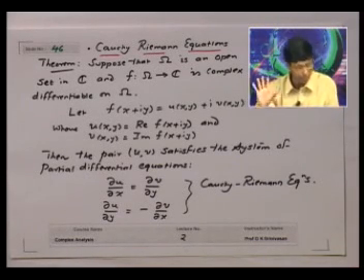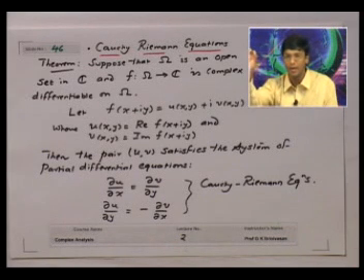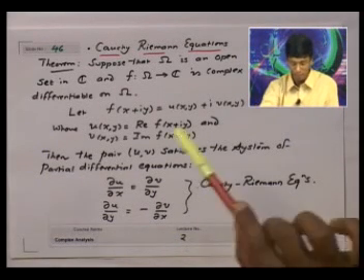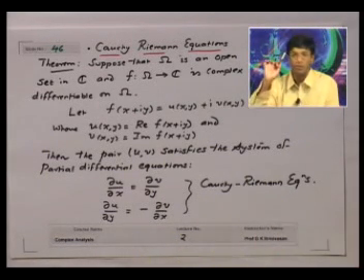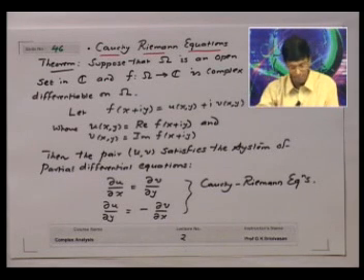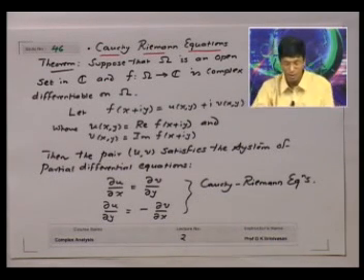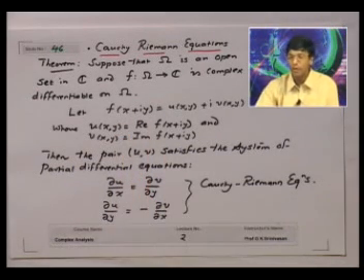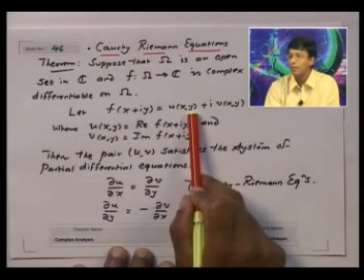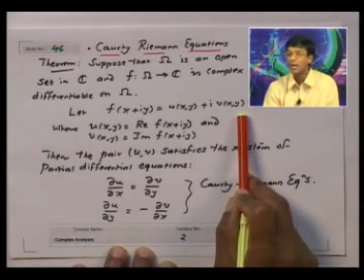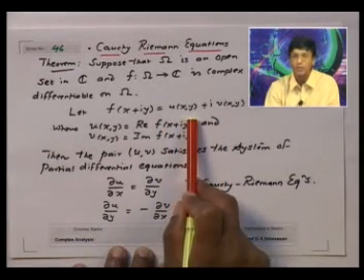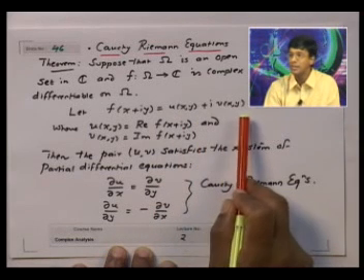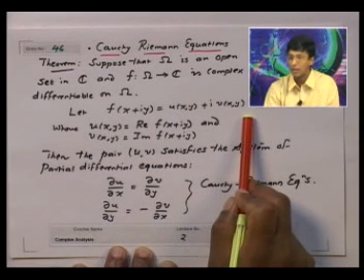In fact, it is enough that it is complex differentiable at a point A in omega, because whatever we are going to be doing, we are going to be concentrating at a given point A. But anyway, I am not going to state the theorem in utmost generality. Now, f takes its values in C, correct? So, f will have a real part and an imaginary part. The real part is u and the imaginary part is v, correct?